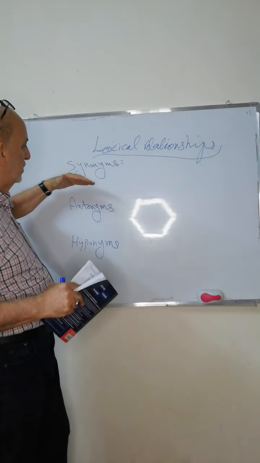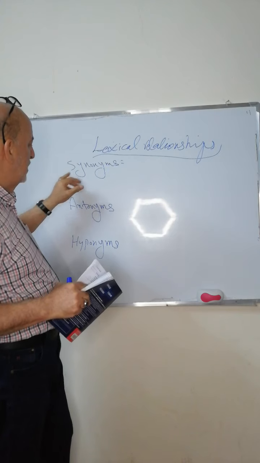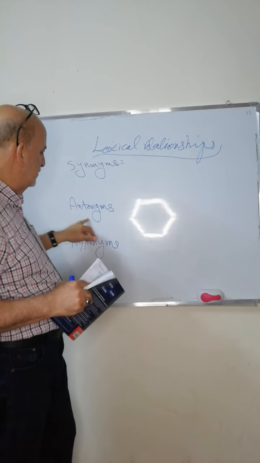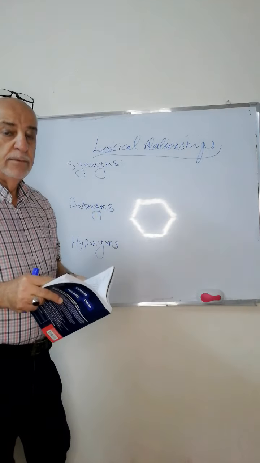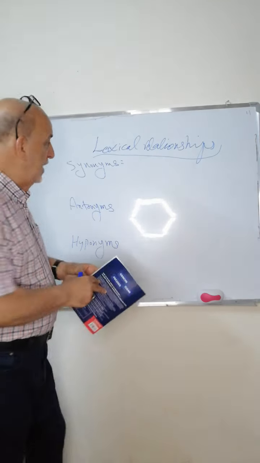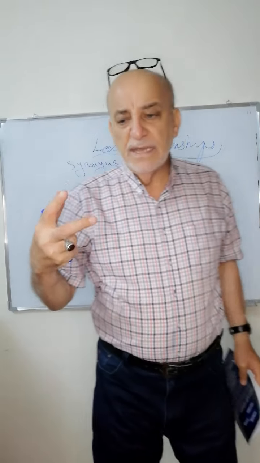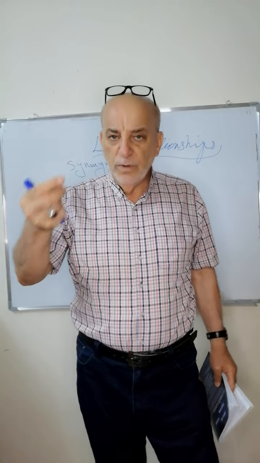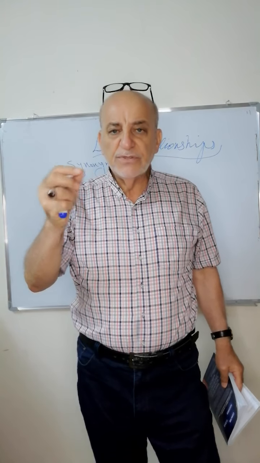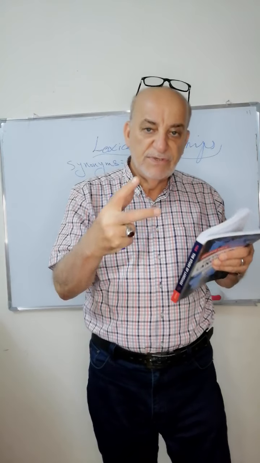These lexical relationships are represented in synonyms, antonyms, hyponyms, and other relationships. Now, what do we mean by synonyms? By synonyms, we mean the meaning of one word is related to the meaning of another word in terms of sameness.